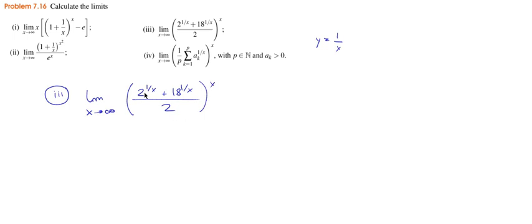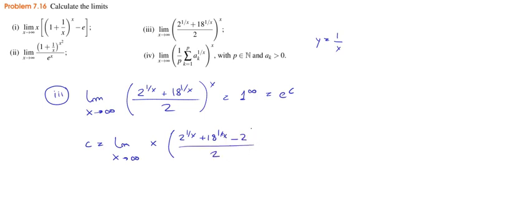And if you try to substitute here, you get 2 to the 1 over x is going to go to 1, plus 1, 2 over 2. This is one of those 1 to the infinity limits, and we know that they are of the type e to the c, where c is the limit when x goes to infinity of x times (2 to the 1 over x plus 18 to the 1 over x, divided by 2, minus 1).